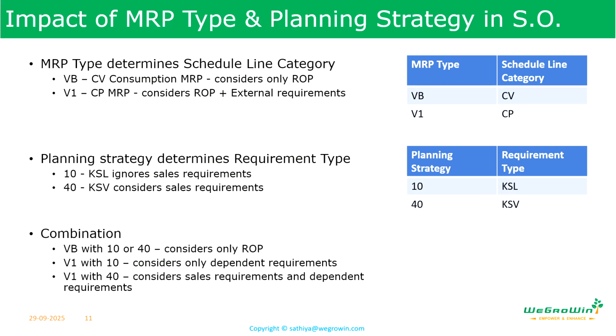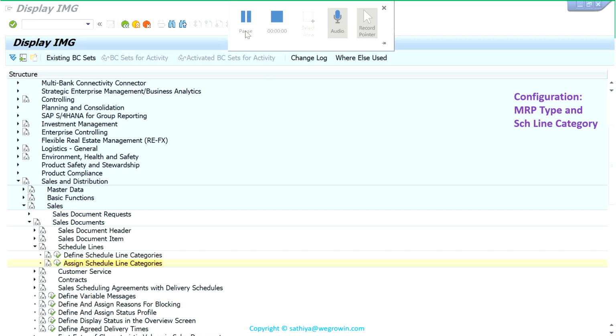As a combination, MRP type VB with strategy 10 or 40 considers only ROP. MRP type V1 with strategy 10 considers only dependent requirements. MRP type V1 with planning strategy 40 considers sales requirements and dependent requirements. Let us see how these are linked in SAP configuration.